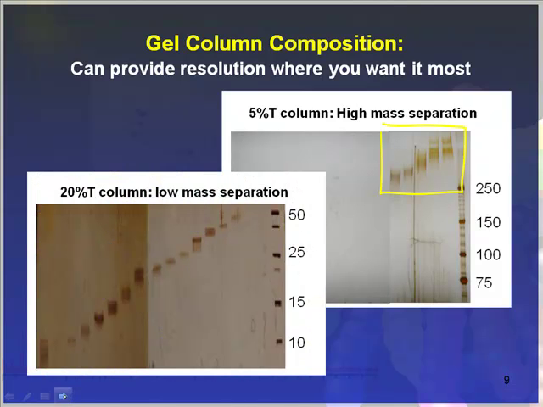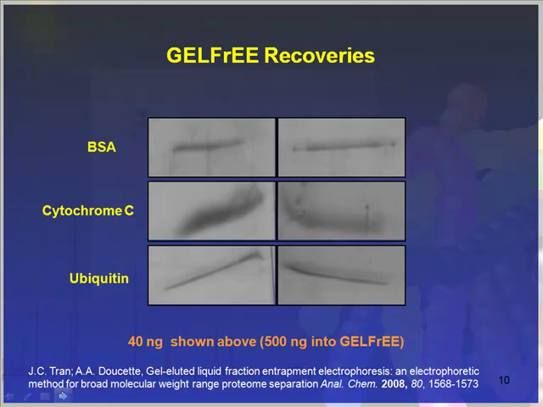But if you're only interested in the low molecular weight proteins, then you would use a high percent T column, and we see here that we can collect our fractions over the mass range of a little less than 10 kilodaltons up to 50 kilodaltons. And by doing that, I think it's very realistic to see that the GELFrEE system can provide a much larger number of fractions, and I believe that 50 GELFrEE fractions is certainly a possible goal for us.